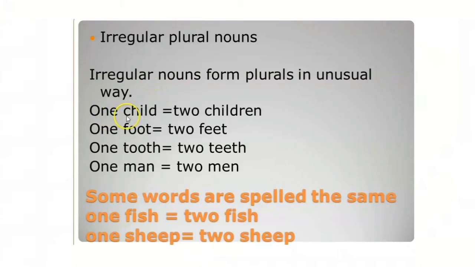For example, one child, two children. One foot, two feet. One tooth, two teeth. One man, two men. I have to practice these irregular plural nouns, and whenever I practice them بصير أنا أعرفهم, because I cannot follow any rule if I want to change those irregular plural nouns.